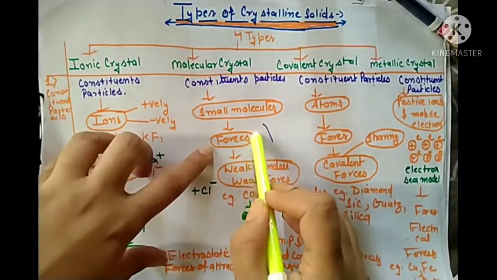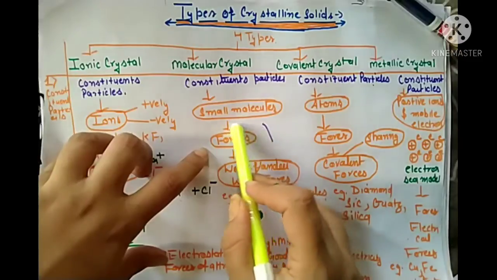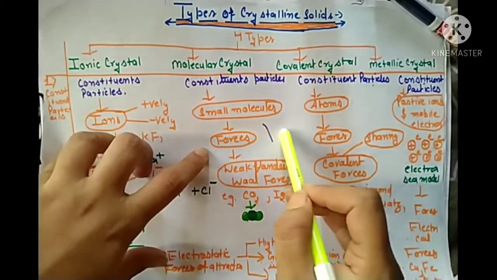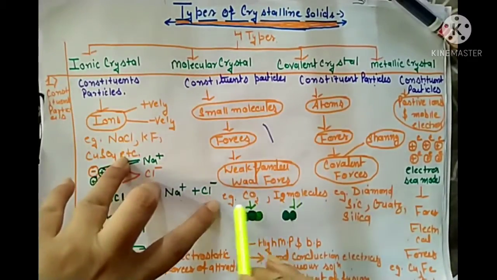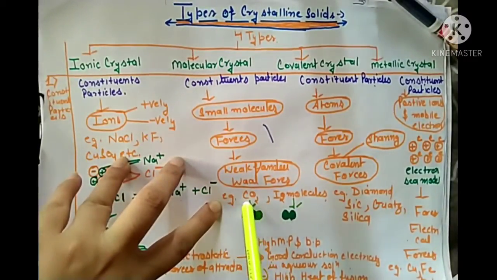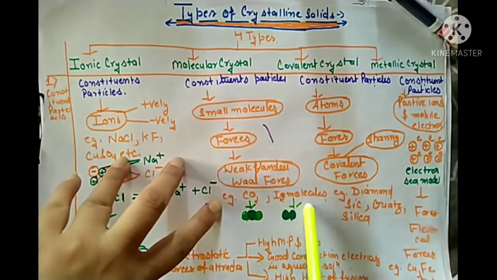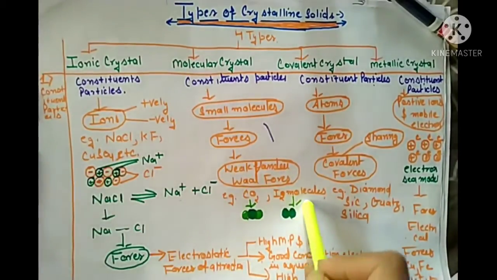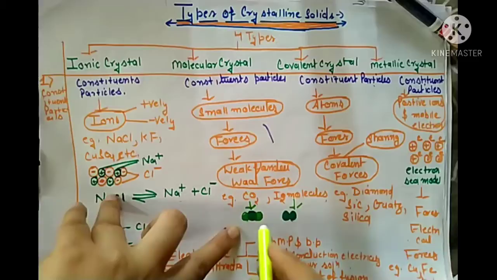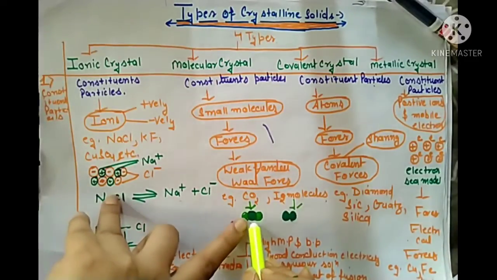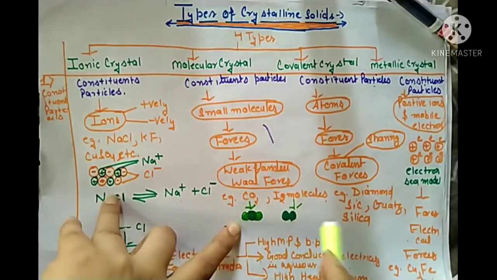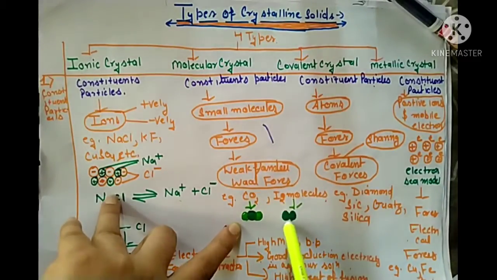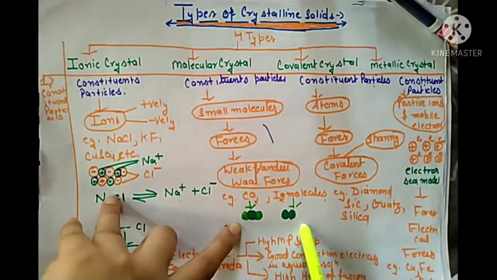So the forces between their molecules are weak van der Waals forces of attraction, and their examples are carbon dioxide and iodine molecule, that is I2 molecule. For example, here carbon is attached with 2 oxygen atoms, and here 2 iodine atoms combine to form an I2 molecule.